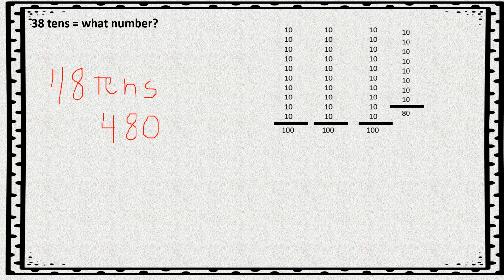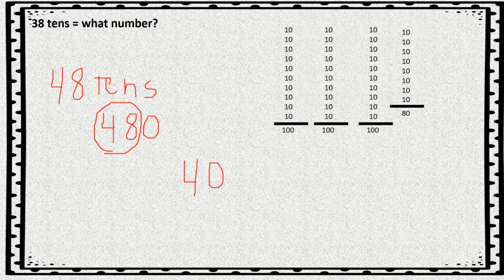Remember, I told you this earlier last week. When you're trying to find out how many tens are in a 3-digit number, look at the first 2 digits, and that's going to tell you how many tens. So, if I said I had 40 tens, I had 4 of these groups of 10, what number will that be?